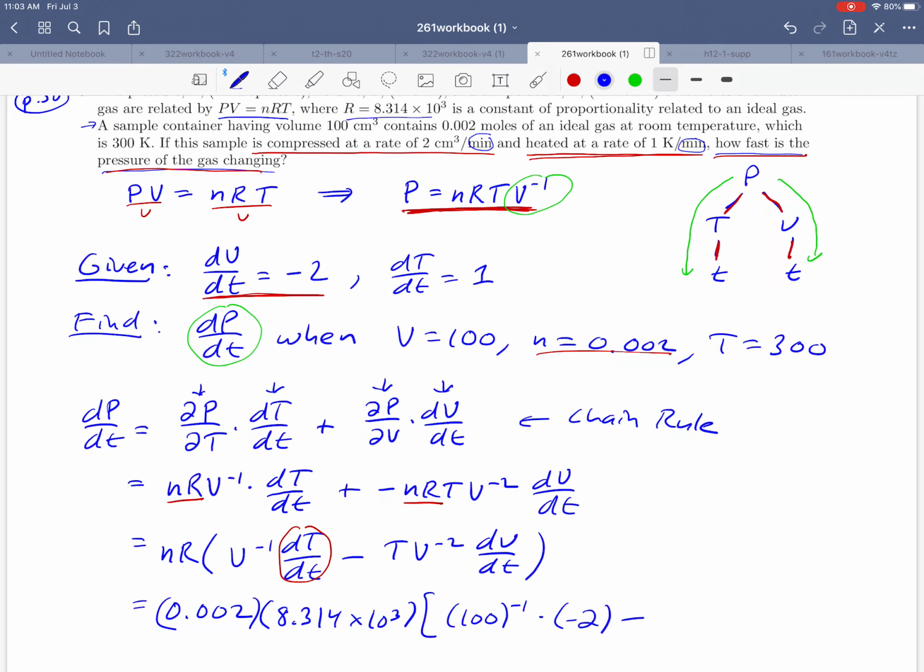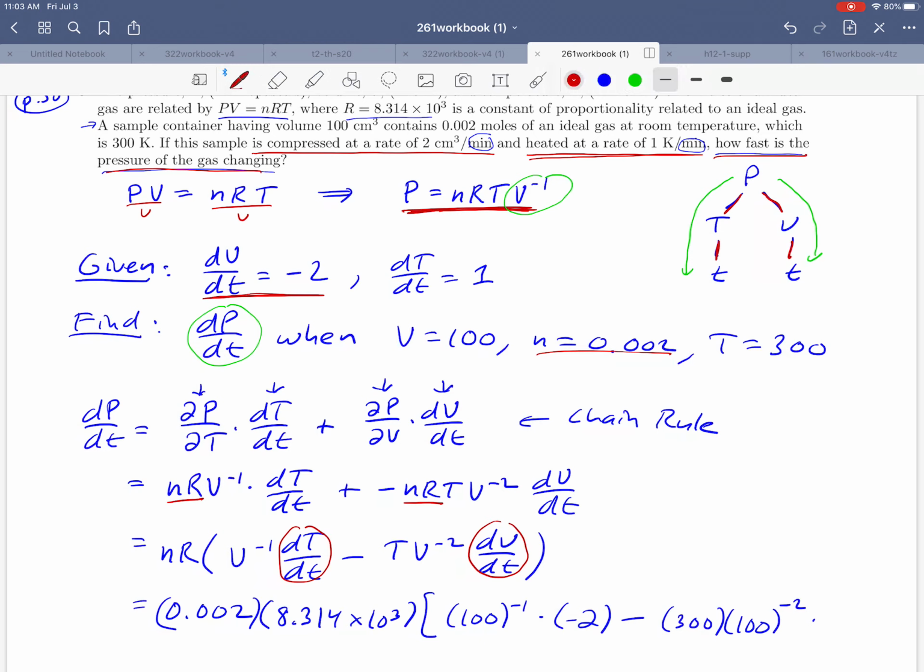Okay, continuing. Then we come to T V to the negative 2, so T is, oh, not 100, sorry, 300. Okay, let's fix that. So T is 300, V is 100. Okay, and then finally we come to dV dt, which we can see. Oh, hang on just a second. I noticed that I made a mistake here. Maybe you probably already noticed this.